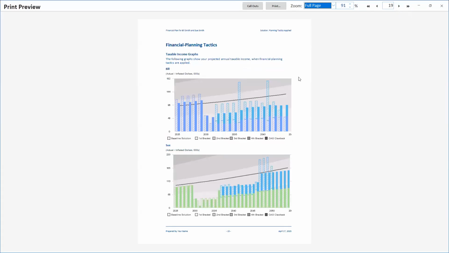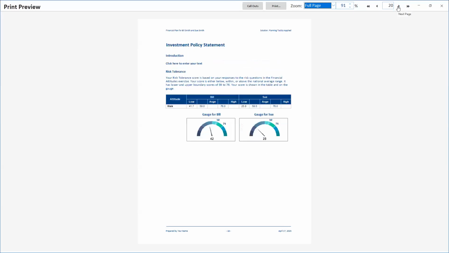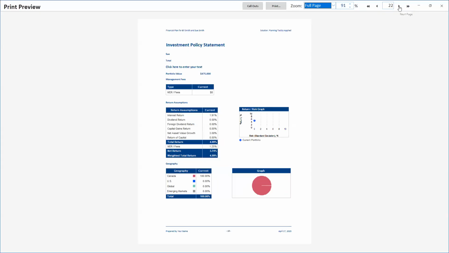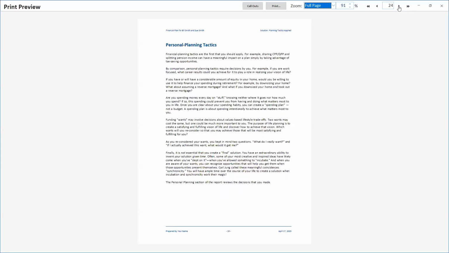And then it shows these taxable income graphs, which I think are very important for the client to see. So we can see how we've kept their cash flow to meet expenses, but significantly reduced their taxes. And then an investment policy section, which will include any changes that we might have made to portfolio allocations. If we haven't changed them, then it just shows what the current allocation is. Personal planning tactics, we did not apply.